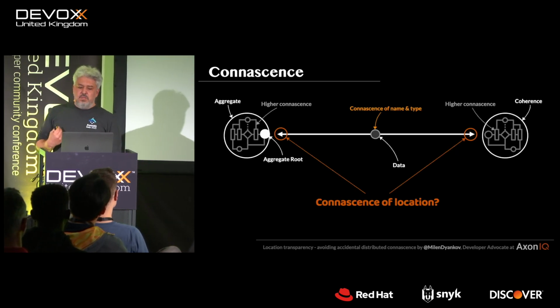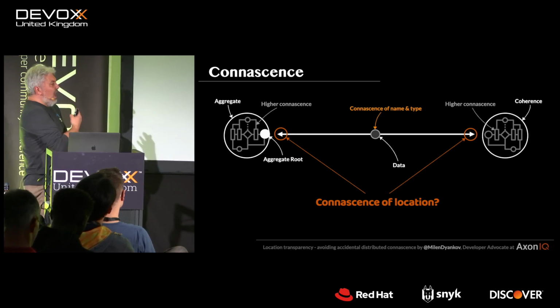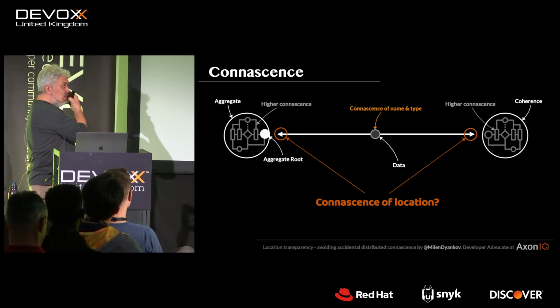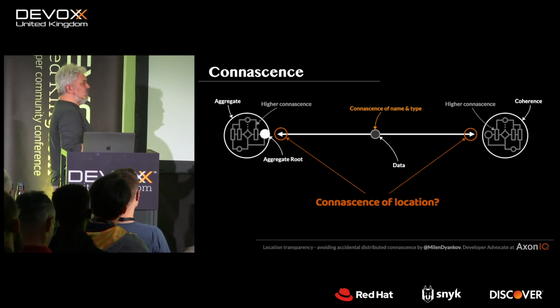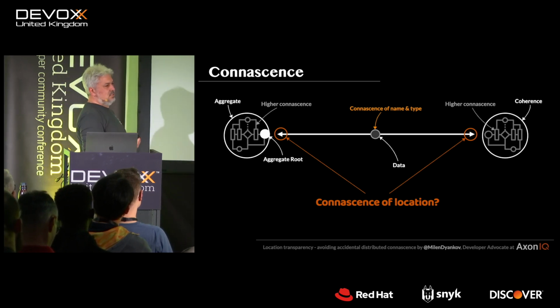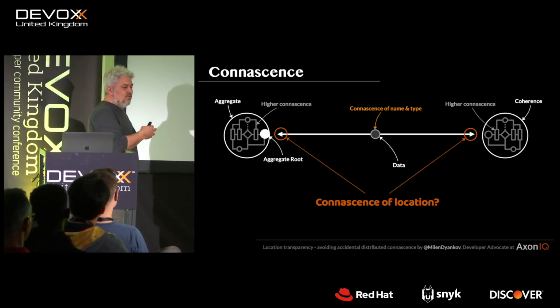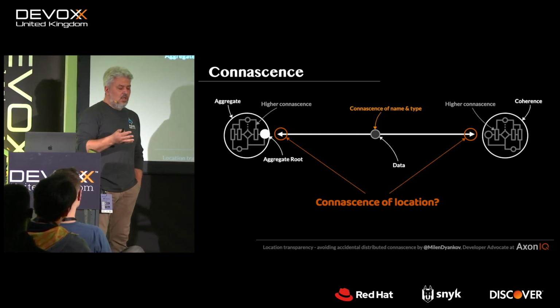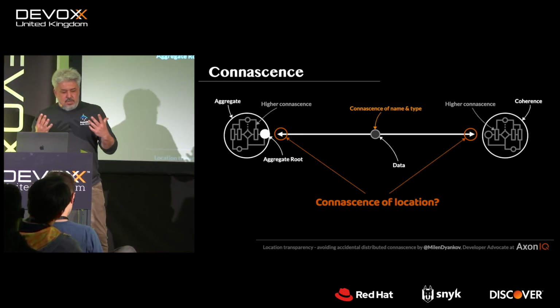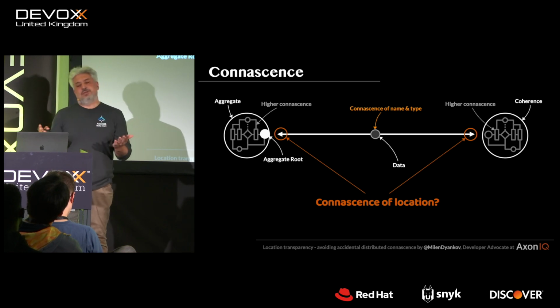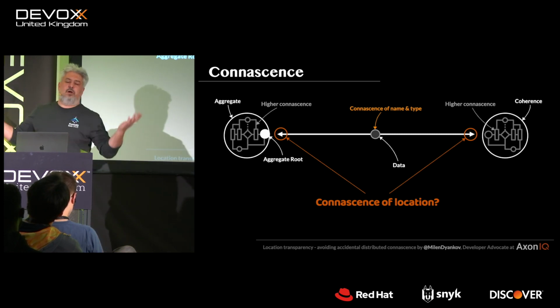So can we deal with that? If we do have a connascence of location, what can we do to mitigate the problems that this causes, especially when we move from one scenario to another? Just to make it clear, connascence is not a problem if nothing changes. You designed it and it works, right?